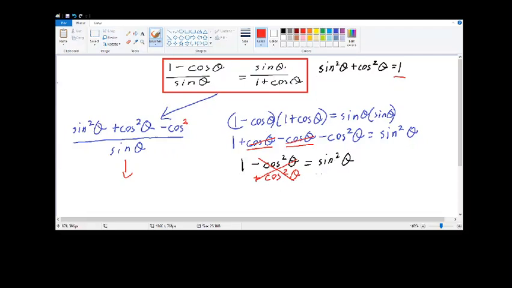And as always, what we do to one side, you do to the other, leaving us with the equation of 1 is equal to sine squared theta plus cosine squared theta, which we know as a Pythagorean identity as true. But if you wish to take it one step further, you can state that then 1 is equal to 1, and that is correct.